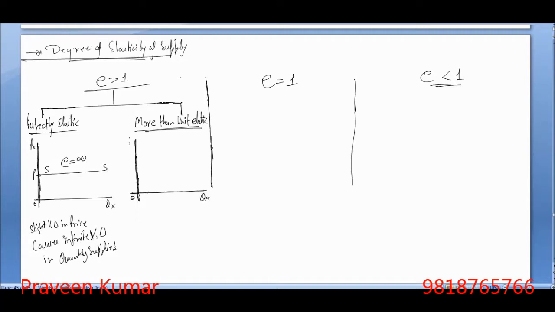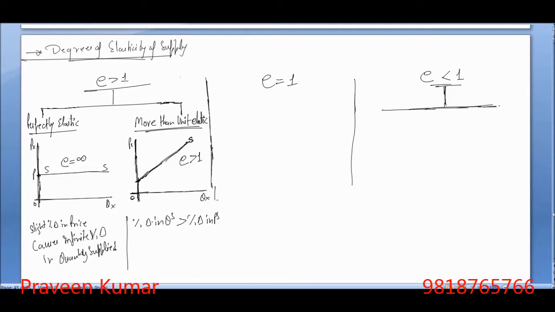This is quantity, this is price, and in this case, the supply curve passes through the vertical axis. If the supply curve originates from the vertical axis, in this case, elastic supply is greater than 1. You can write something like this: percentage change in quantity supplied is greater than percentage change in price. Is that okay? Yes, sir.